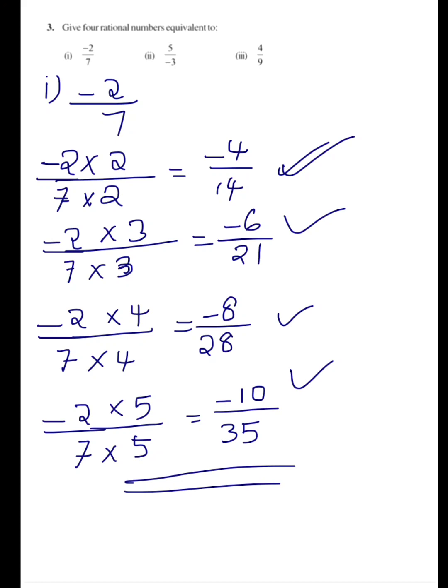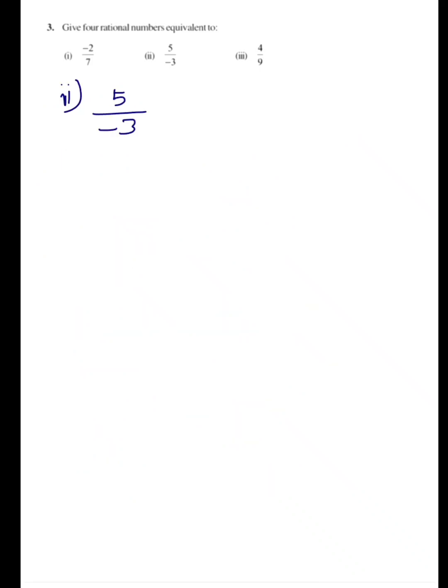Now let's do the second one, which is 5 by minus 3. Find the equivalent rational number just the way we have done the first one. So 5 by minus 3, suppose I am multiplying with 2, then into 2 into 2, so I'll get 10 by minus 6.